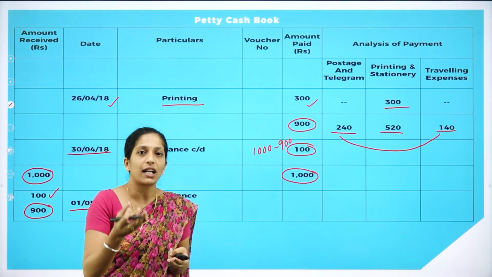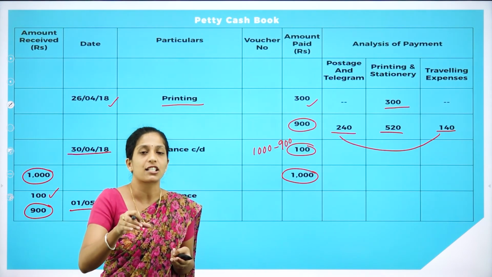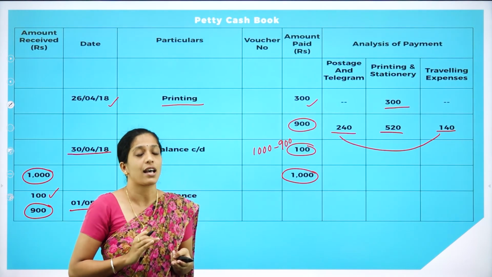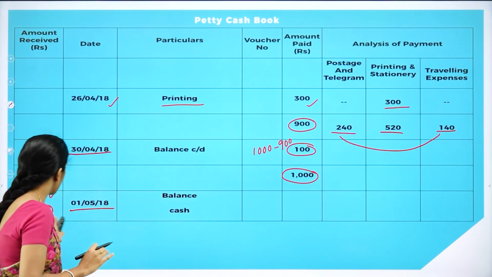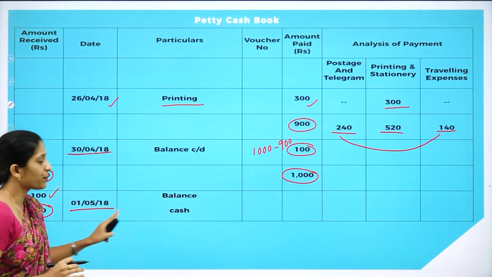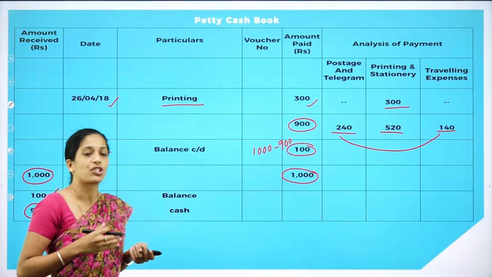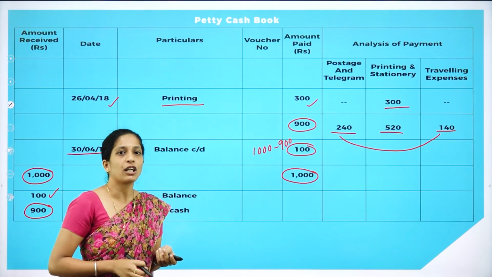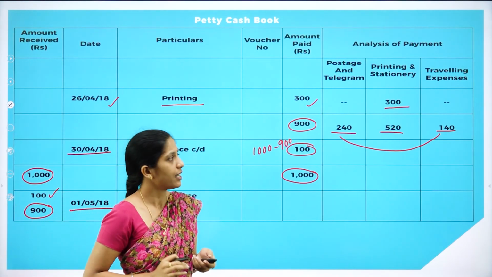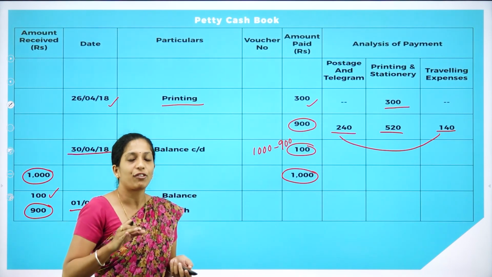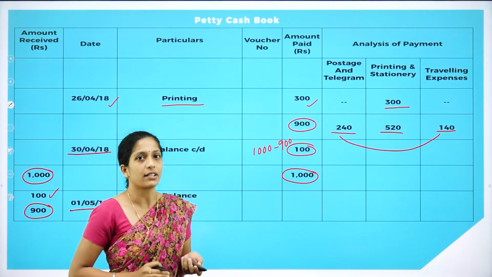In order to get 1000 rupees at the beginning of next month, the main cashier has to give the petty cashier 900 rupees. So, if you learn the format, it is very easy to record the transactions.